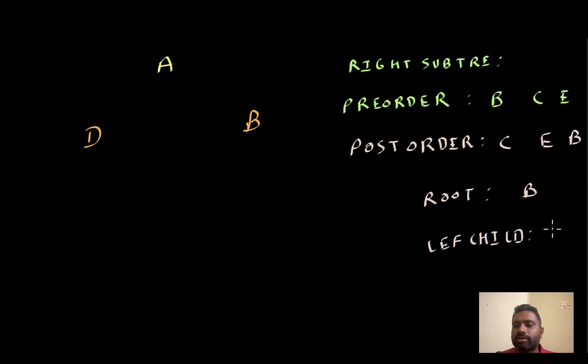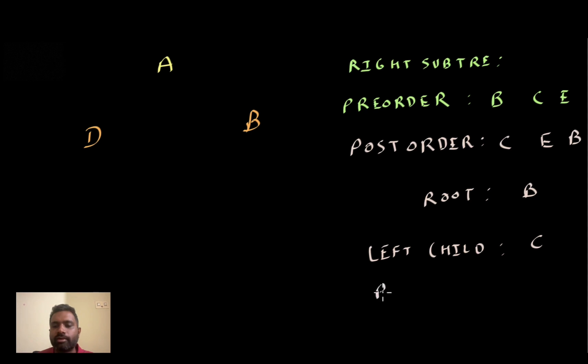And the right child will be the second last node in the postorder. So C is left and E is right.